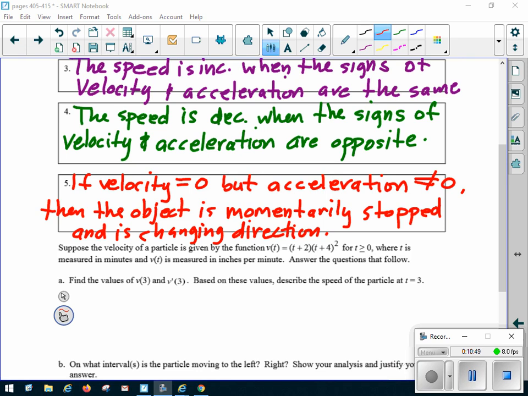Let me just make a fool out of myself as I go here. For those of you who are watching the video, well, you're missing it. Okay, so I'm moving forward, so I'm going to be going to my right. Acceleration is like a pull or a push, okay? Help me here if I mess this up. So I'm going forward, I'm going to the right, and I accelerate.